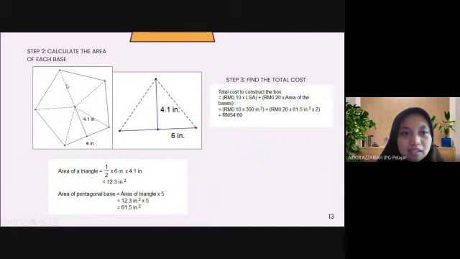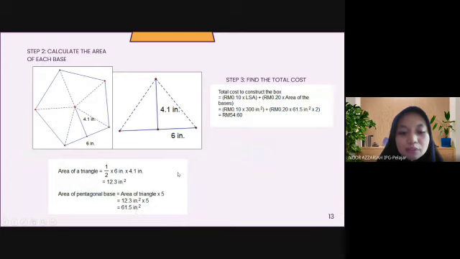And then calculate the area of each base. So this is the cross section of the pentagon. As we can see here, this pentagon is formed by 5 equilateral triangles. So we cut out the triangle into this triangle here, and we must find the area of a triangle first and then multiply it by 5, and we get the answer, which is 61.5 inch square.